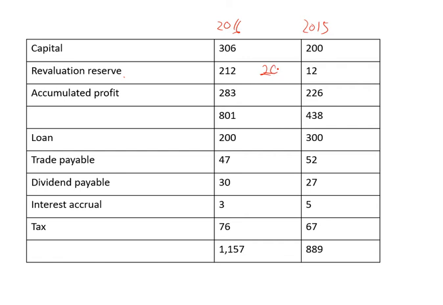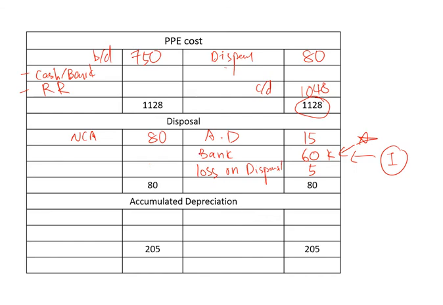So this 200 means in the current year you have a revaluation of 200. So the balancing figure is your current year purchase. Okay or not? So how much is your balancing figure? Okay now guys?